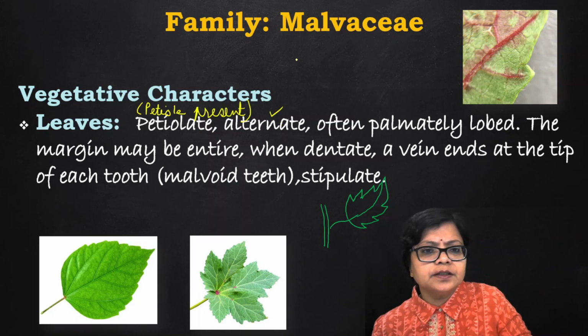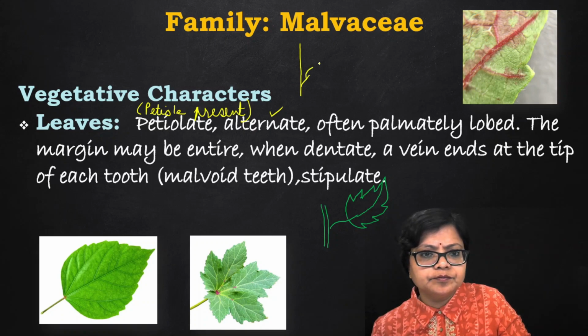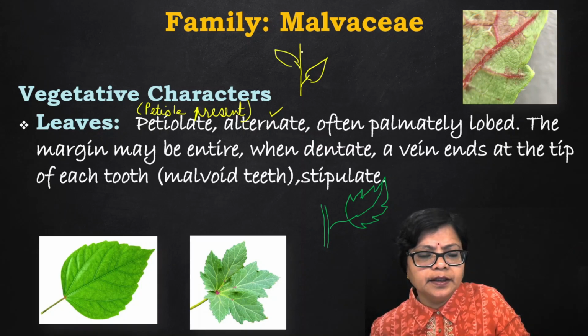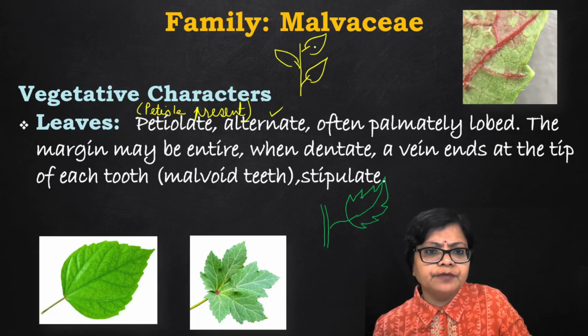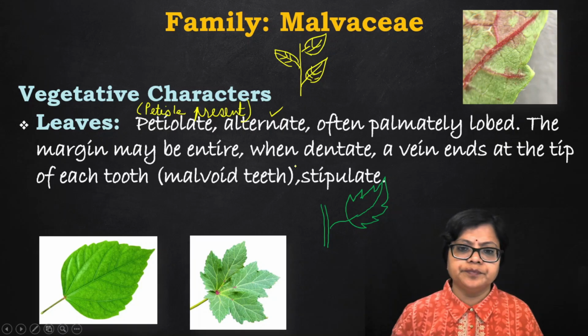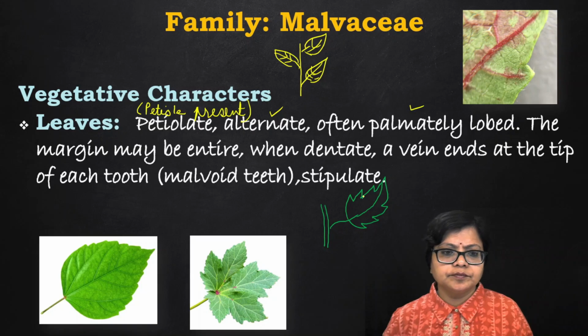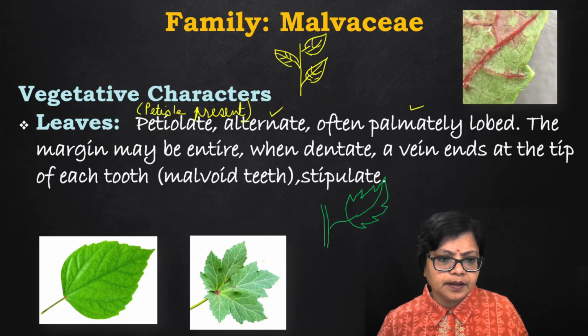Alternate means from each node one leaf develops alternately. This is one node, then the next node this side the leaf arises, then next node this side the leaf arises. This type of arrangement is called alternate arrangement. Often palmately lobed, palm-like, as in lady's finger.